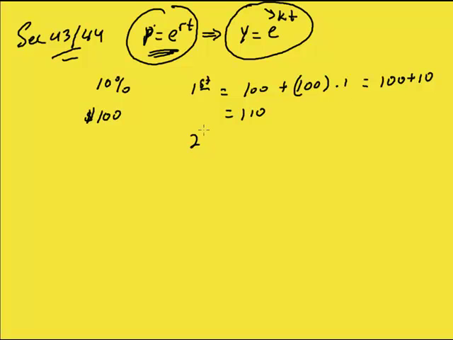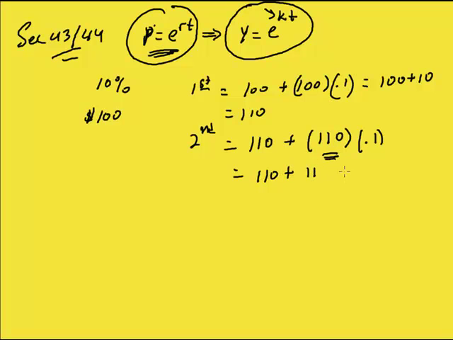And at the end of the second year, you're going to still have $110, plus you're going to earn interest on $110. You're going to earn 10% interest, which means times, let's put some brackets around there, times 0.1, which is going to give me $110 plus 10% of that, which is $11, and that's going to give us a total of $121.